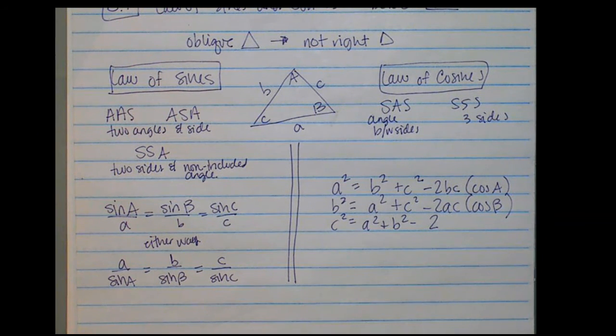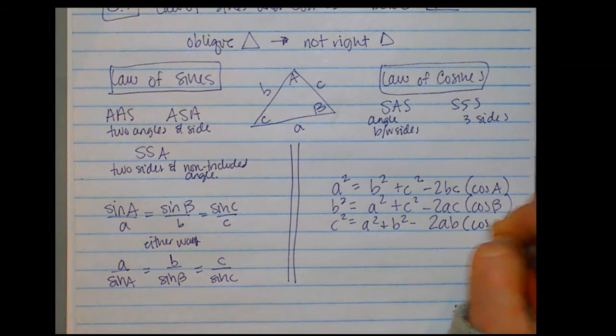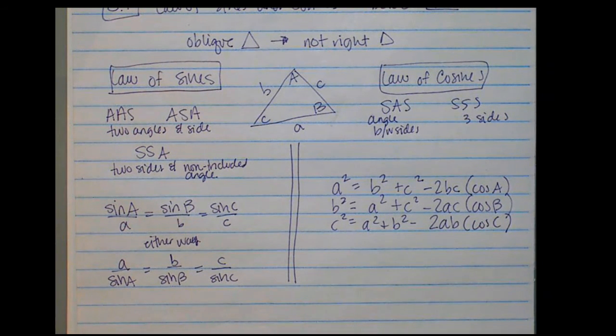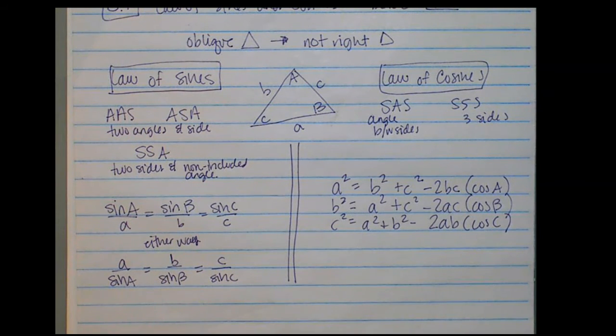Okay, so 2AB cosine of C. The only thing that's over here is C, the cosine of the angle. So the relationship between it being squared and its angle is important. And then everything else is in the other two letters.